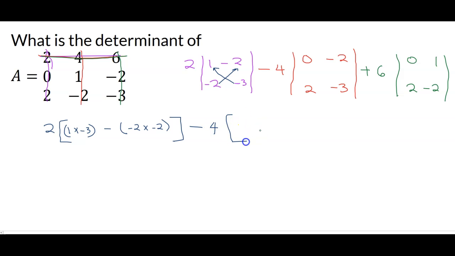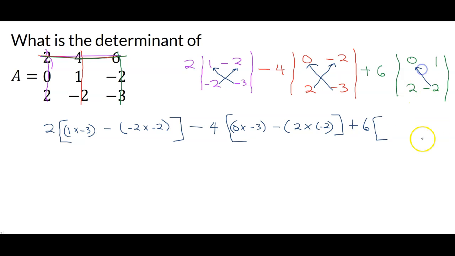And then our determinant is going to be 0 multiplied by -3, minus 2 multiplied by -2. So that is 2 multiplied by -2. And then plus 6. And then we have 0 multiplied by -2, minus 2 multiplied by 1.